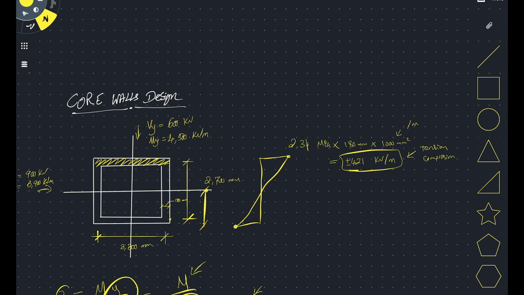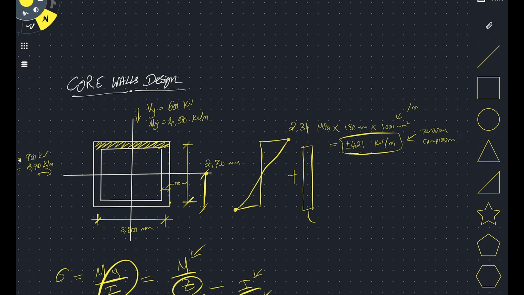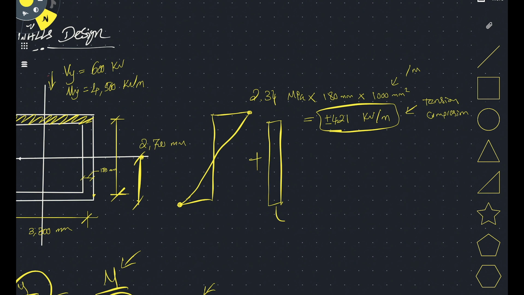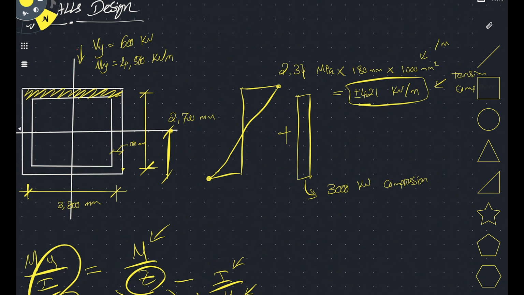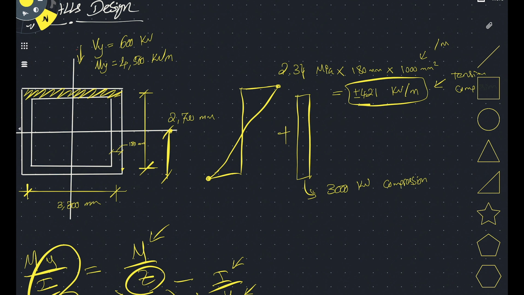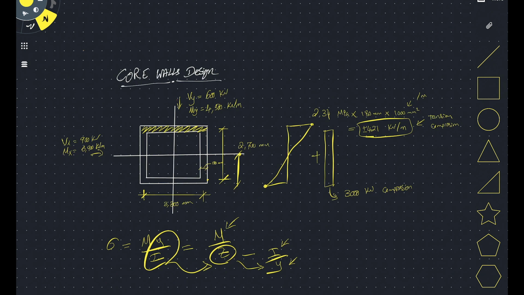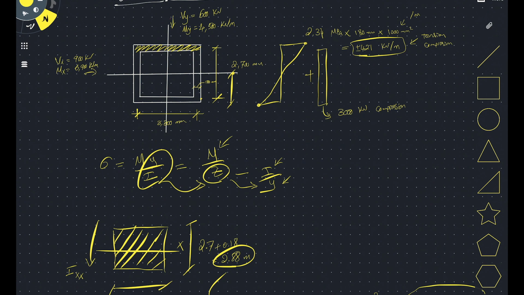Now that's not the end of the story, because don't forget that this core is supporting some gravity load. So always remember to add your compression stress over here. Let's say, for example, it is supporting about 3000 kilonewton of compression load. To convert this into an equivalent stress, we have to work out the area of our concrete core. Again, it's the outer area minus the inner area.